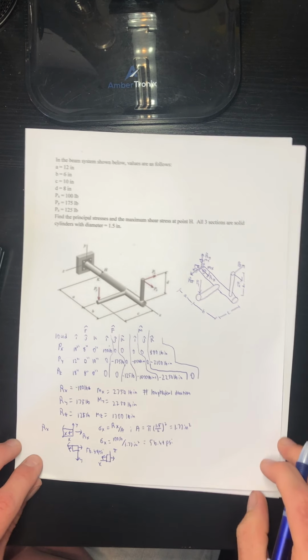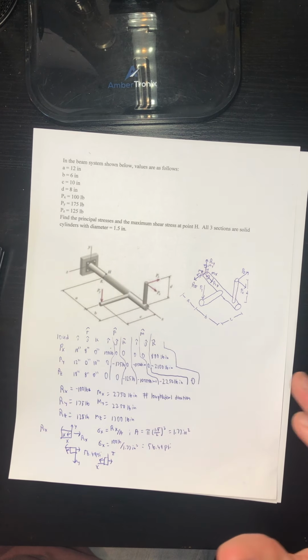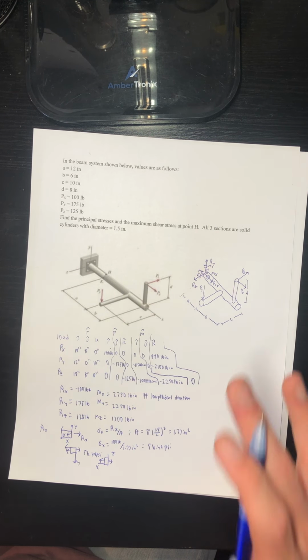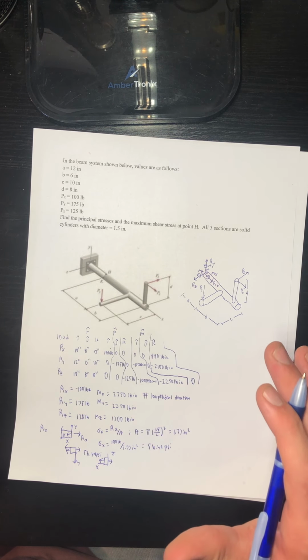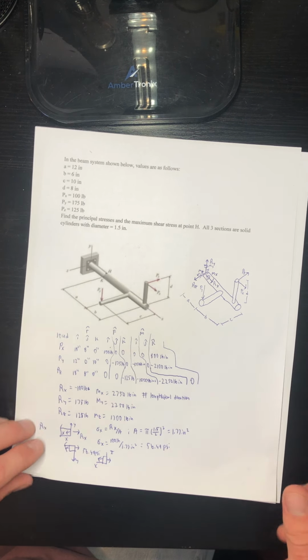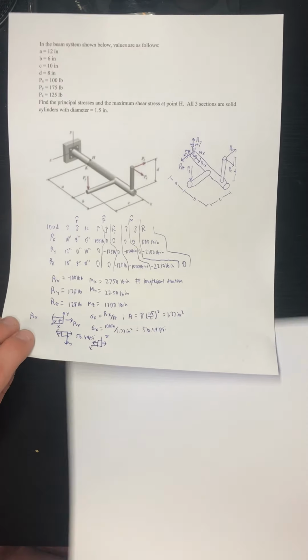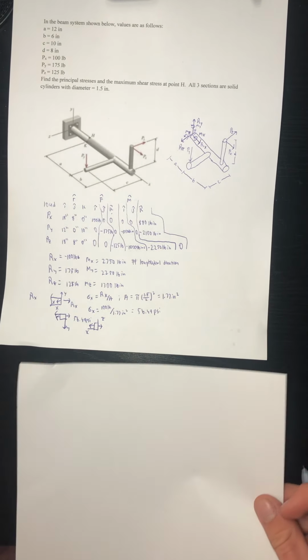At the end, we'll take all of these stress blocks and we'll superimpose all of the stresses together. We'll take the maximum, the block that has the most amount of stresses, and we'll use that to calculate our principal stresses. So moving on to our next stress, we have the reaction in the Y direction.